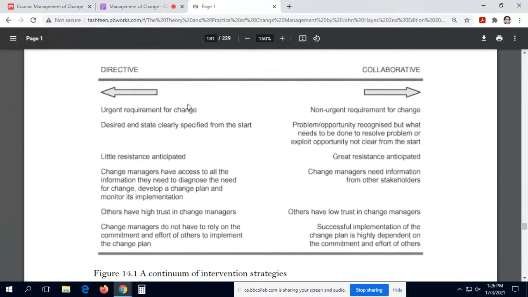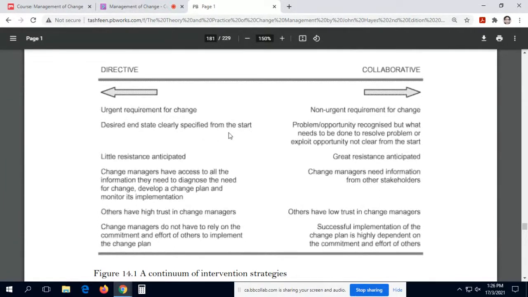Let's look at the left hand side, directive. So when there is an urgent requirement for change, when it is urgent, do it right now. When you have urgency, you don't have time to explain, you just give an order and it should be implemented right away, whatever the strategy is, whatever the change is. So your strategy will be more directive.